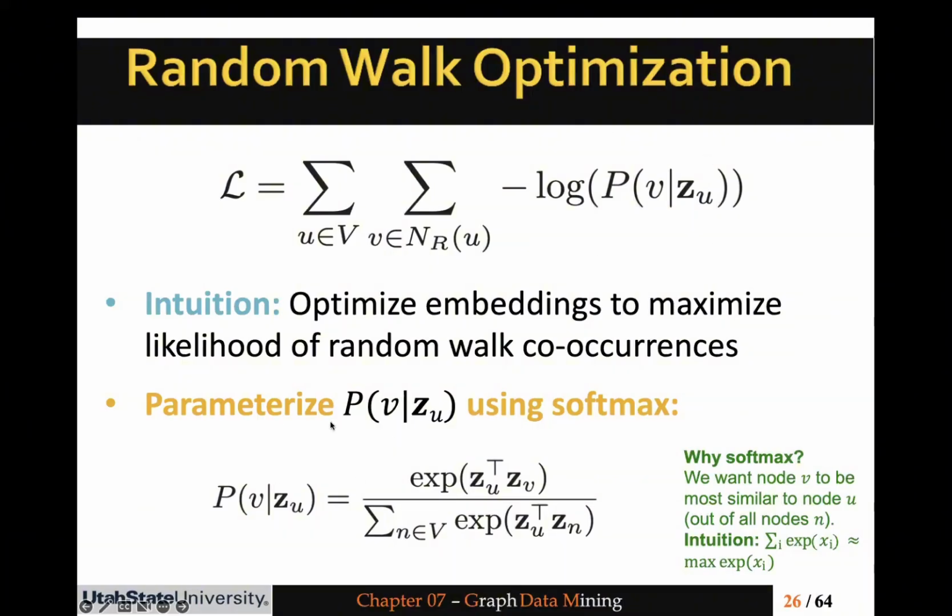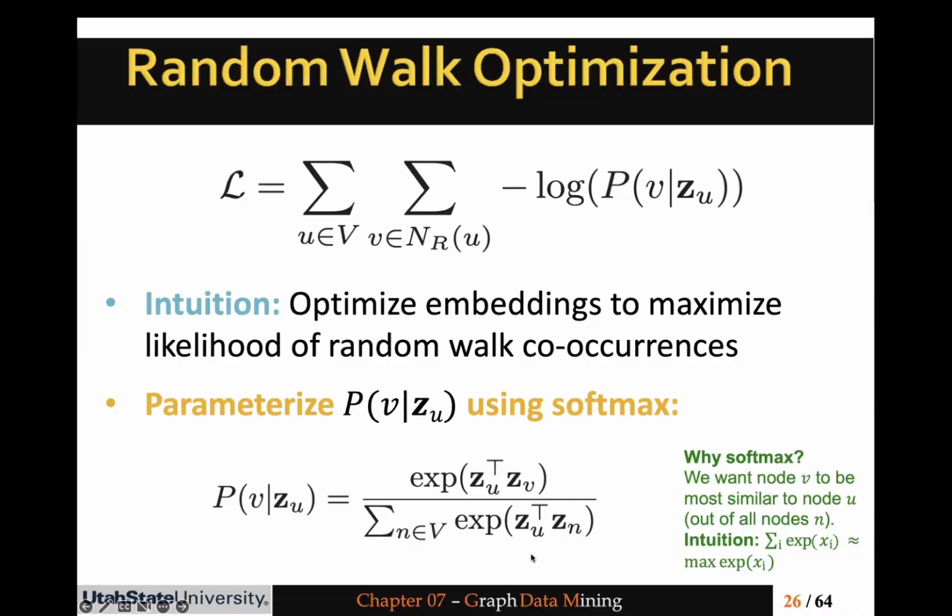A softmax is just a ratio of the exponential of the dot product of z_u and z_v over the total of the exponential of z_u and z_n across all the nodes in my network. In other terms, the probability should be high in case the numerator, the dot product of z_u and z_v, is high with respect to all the dot products of all the nodes in the network with myself. So in case we are similar, then my dot product is significantly high with respect to all my dot products with the other nodes that exist in my network.